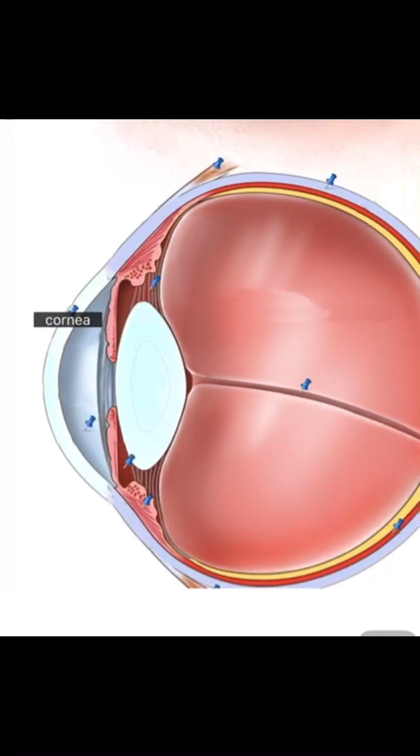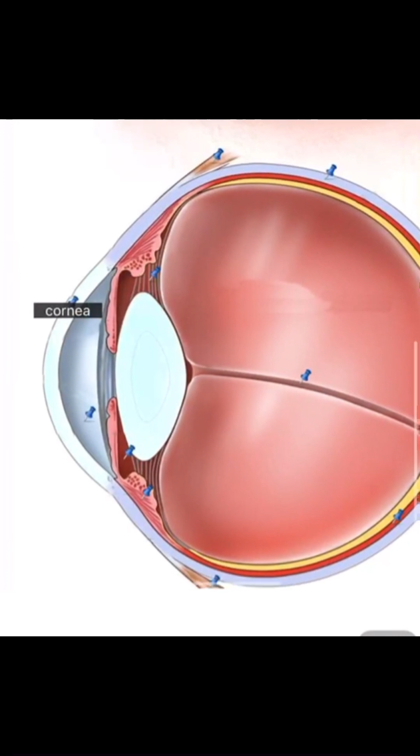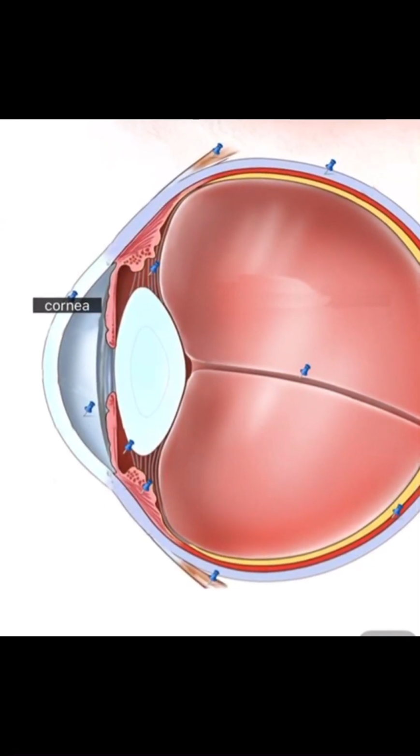In this space there is a fluid known as aqueous fluid, and the secretory epithelial cells present in the ciliary body secrete the aqueous fluid.